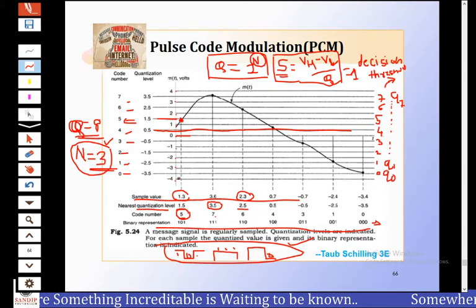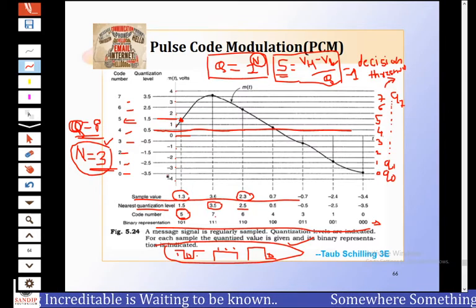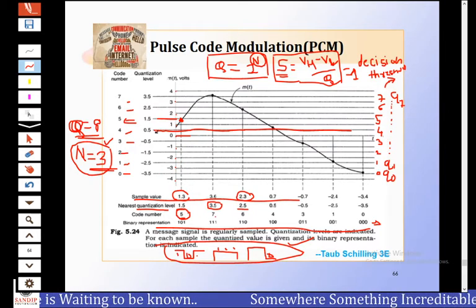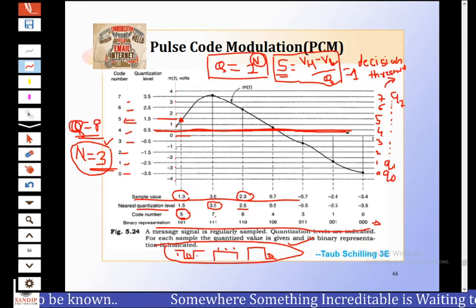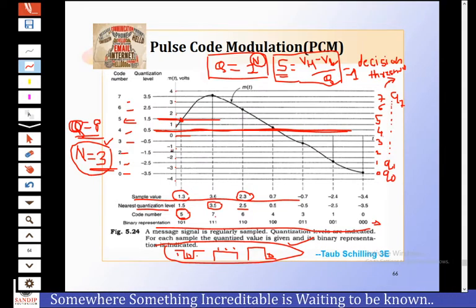In each step level we need to mark one decision threshold line. Just like in between 0 and 1 we mark the 0.5 line. This is known as the decision threshold line. Similarly between 1 and 2 it is the 1.5 decision threshold line.